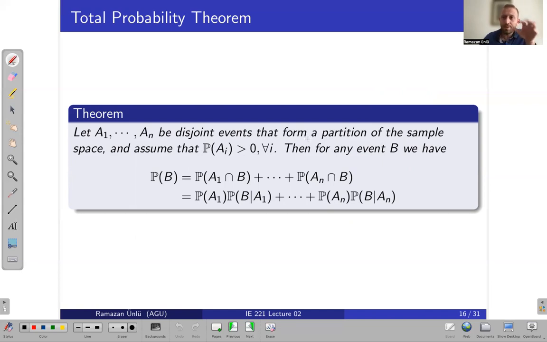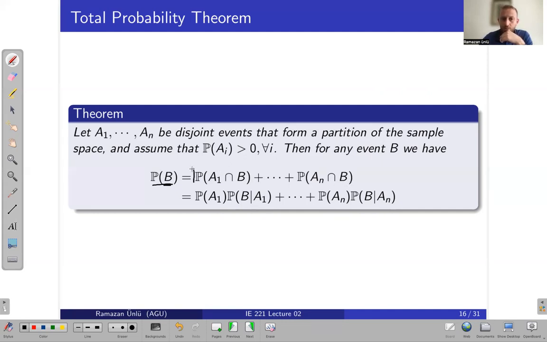That means the union of these events is the total sample space, omega. And assume that each event has positive probability. Then for any event B, the probability of B will be the probability of A1 intersect B, plus A2 intersect B, plus A3 intersect B, until the probability of An intersect B.